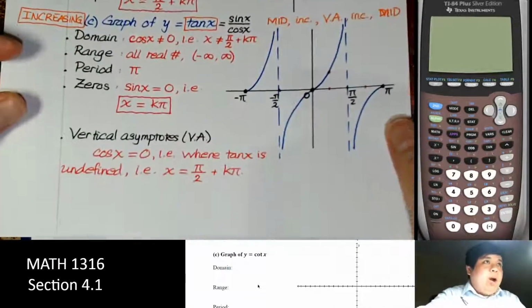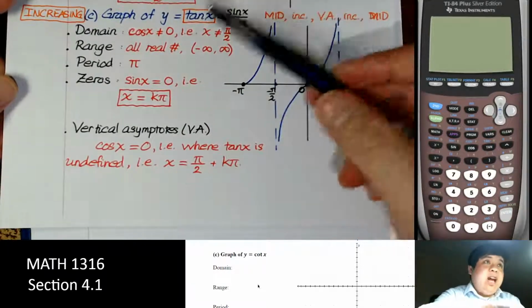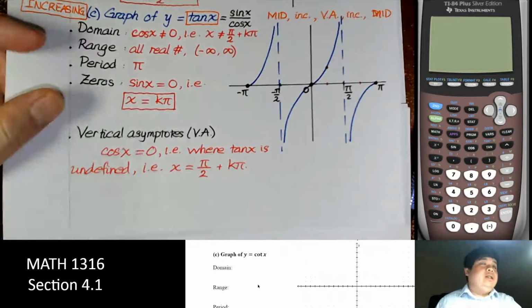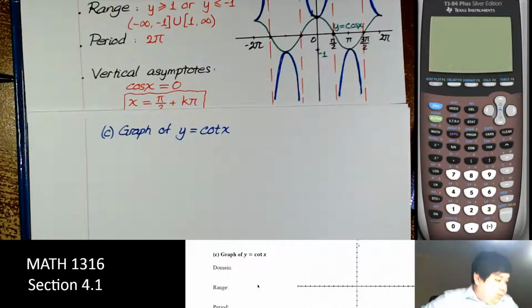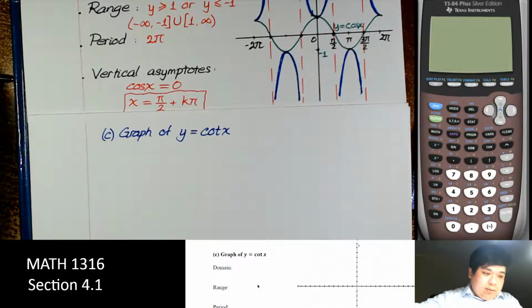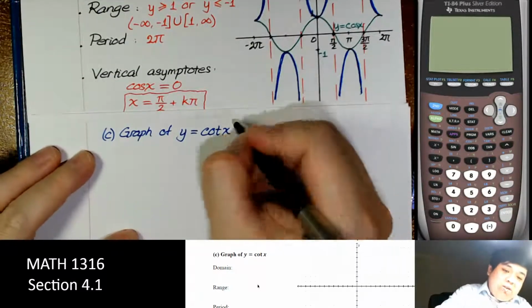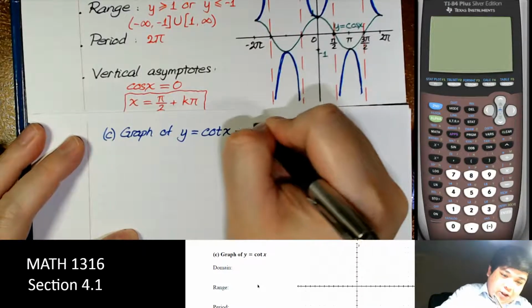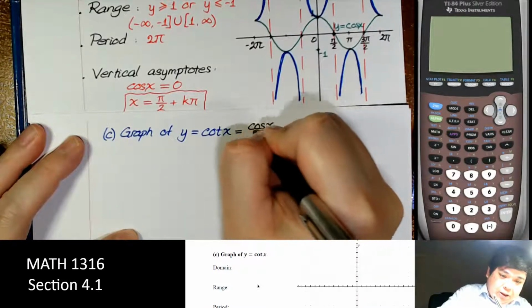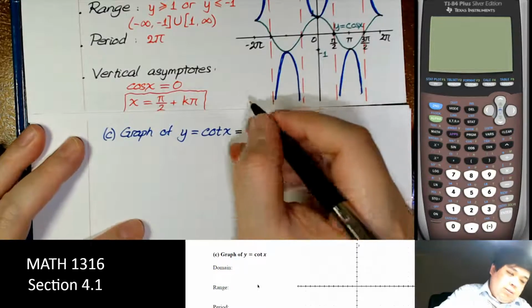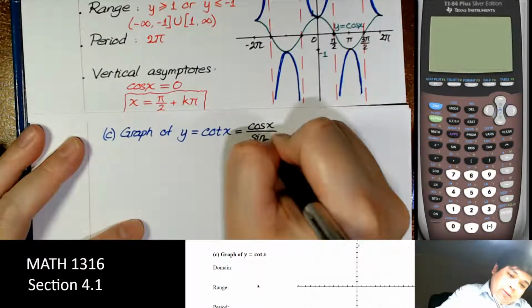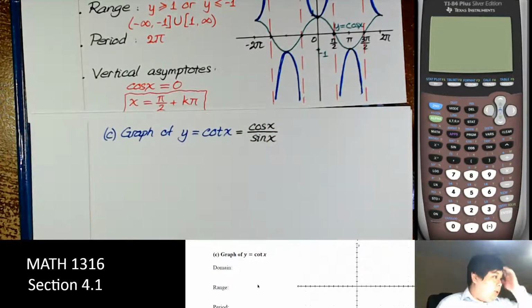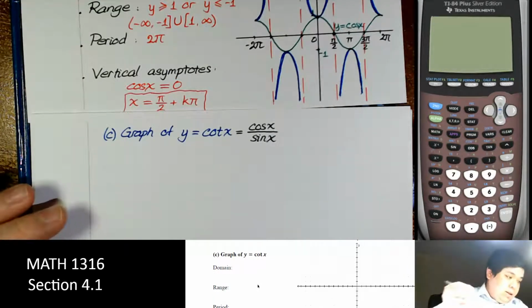By the way, for the graph of cotangent, I'll look at the tangent and we'll do something very similar to it. Cotangent, first of all, is cosine over sine. Right.